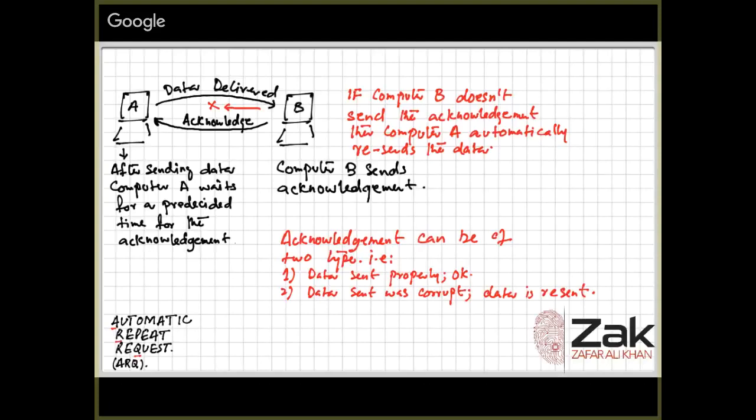Computer A sends data, computer B is silent, so computer A keeps sending it after some time. Computer A sends the data, computer B replies but says that the data received is not correct, so computer A again sends it. That's it. This is called automatic repeat request, ARQ.